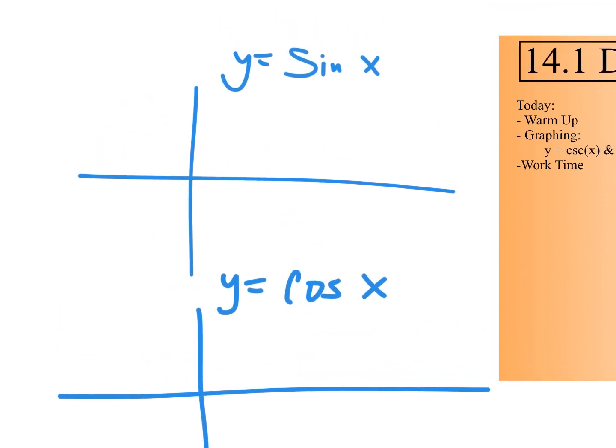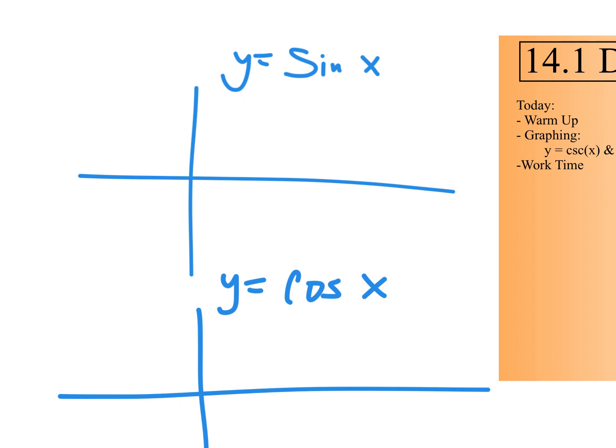I'll pause for a minute while you get those two. Label all the x-axis and the y-axis spots. That's super important. So you might just think that I'm reviewing with you, and I am, but you can't draw cosecant without sine. So I had to have you start with sine.